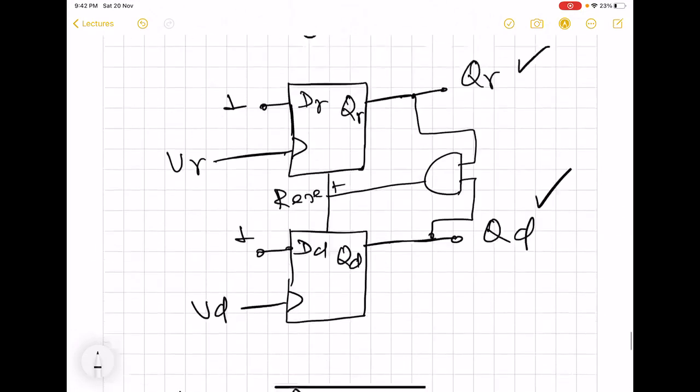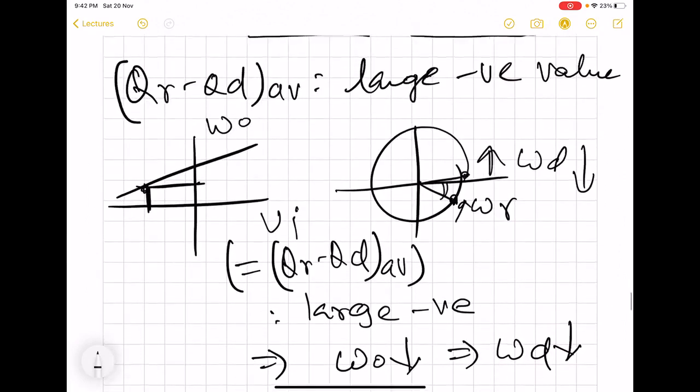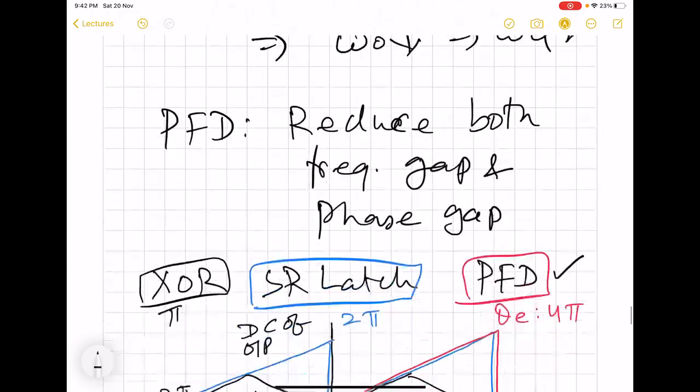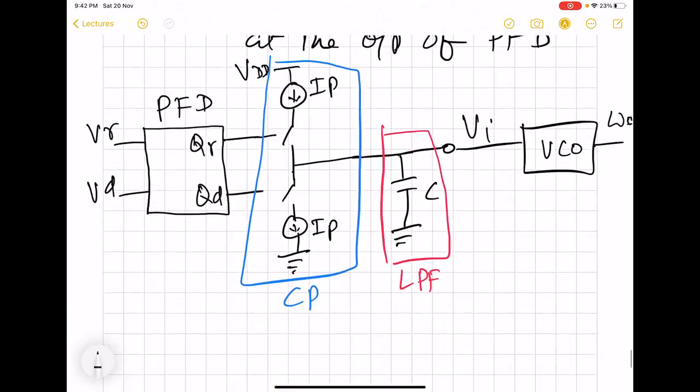So what we found is that whenever phase error is positive and large, then large DC will be produced. Let us see how large DC will be produced if we have a positive phase error.